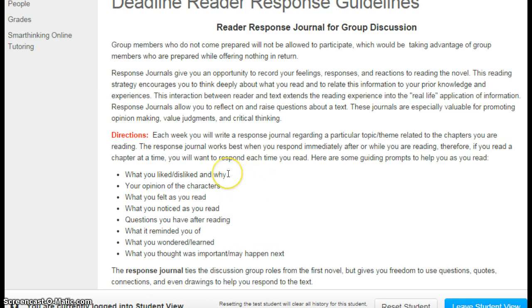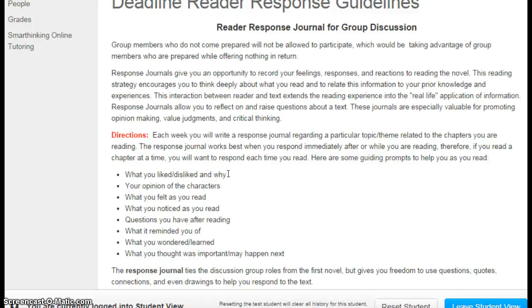What did you like about the book or dislike about it? What was upsetting, or what intrigued you? What's your opinion of the characters in the book, from the main character to some of the supporting characters to the minor characters? How did this book make you feel, and what did you notice? What were maybe some themes that you noticed or things that you thought about?